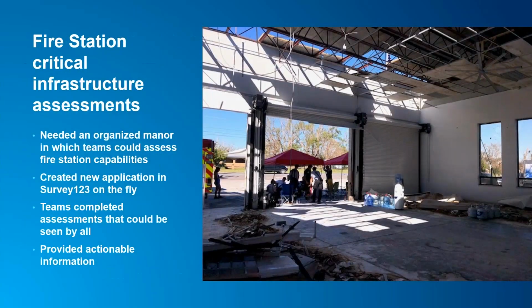So very quickly, again with just-in-time training and just-in-time application building, we requested help from the IAFC, NAPSIC, and Esri, and they delivered. They provided us with a fire station critical infrastructure assessment tool, much the same as the Survey123 application you saw earlier for damage assessments, except this one was created to answer the specific questions we wanted regarding the fire stations in that area.